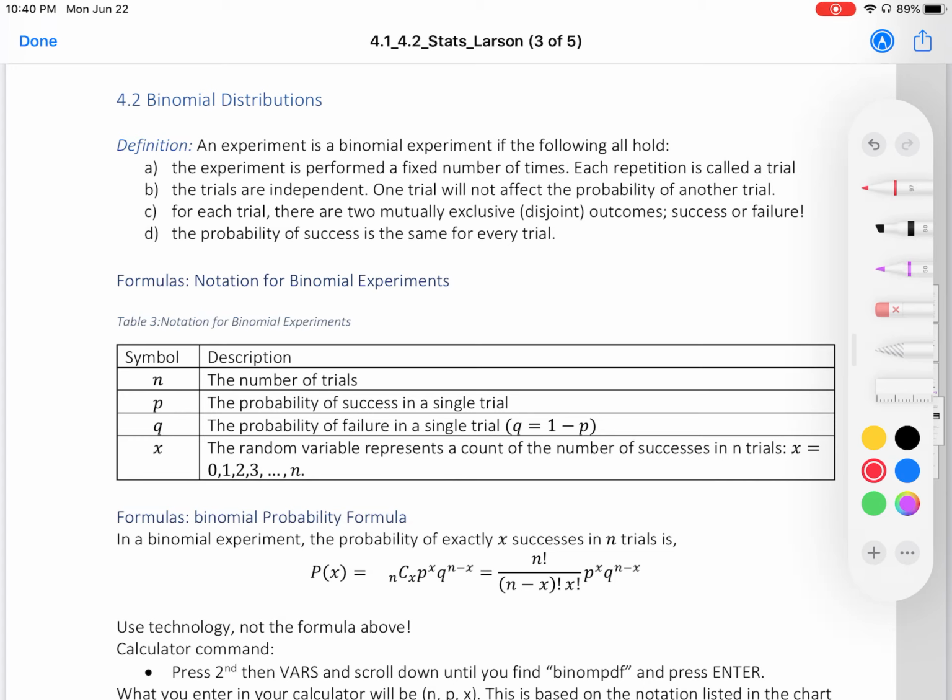All right, so we're introducing new variables, and our symbols are N, P, Q, and X. For N, it's the number of trials. P is the probability of success in a single trial. So this would be your percent. Look for your percent. Remember to change it to a decimal by moving it to the left 2 places.